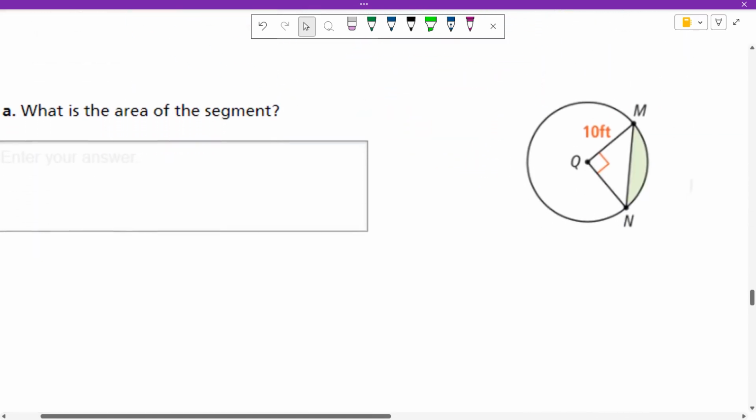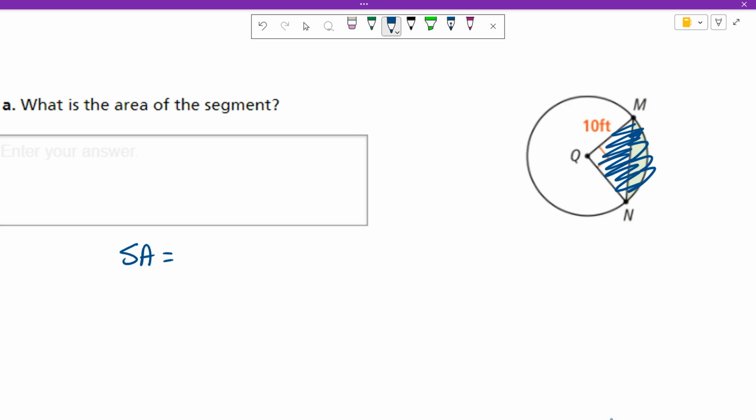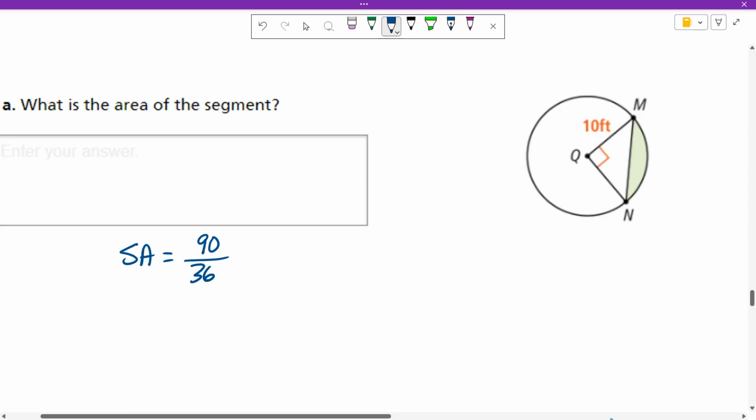Let's do that one more time. This time we'll go a little faster. You find the area of the sector. The area of the sector is 90 in this case, because it's a right angle, over 360 times pi times 10 squared.